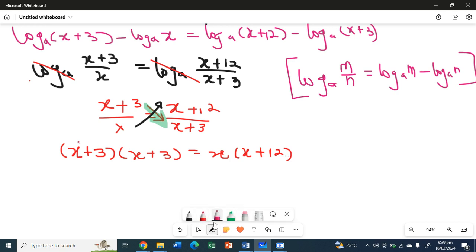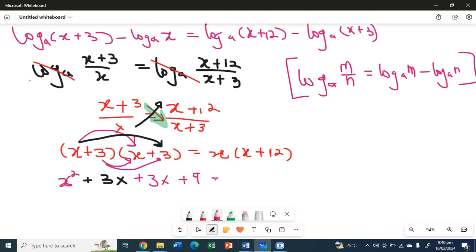So we're going to say x times x, get x squared, x times 3, going to get 3x, right? Then we're going to go and say 3 times x, that is 3x, 3 times 3, that is 9, equals, this other side we expand, you're going to say x times x, x squared, x times 12, that is 12x.